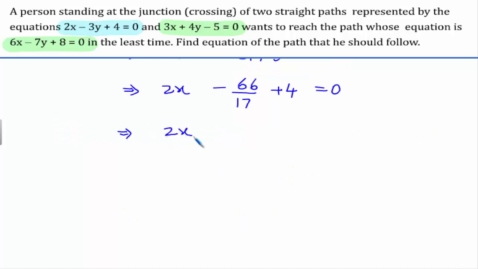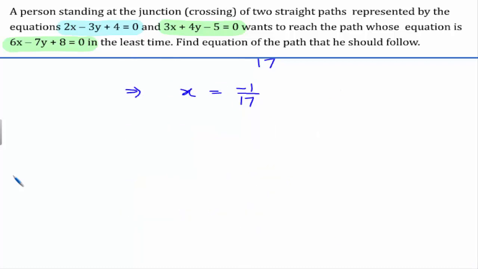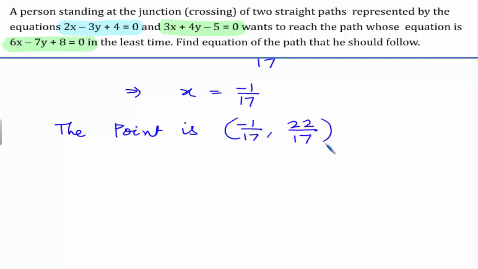Here we get 2x is equal to 66 by 17 minus 4. So 2x is equal to minus 2 by 17. So x is equal to minus 1 by 17. So therefore the point is minus 1 by 17 and 22 by 17.